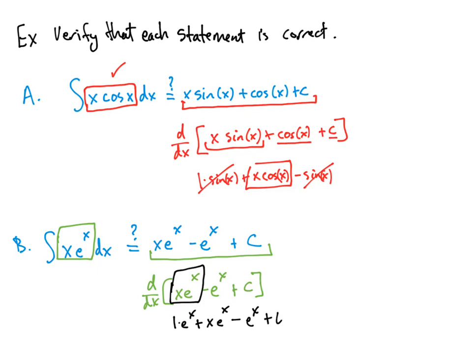And I can put plus 0 just so we know we're not forgetting about the c. And then we see we have a positive e to the x and a negative e to the x, and we're left with x times e to the x, and that is what we started with. So we're in good shape there.